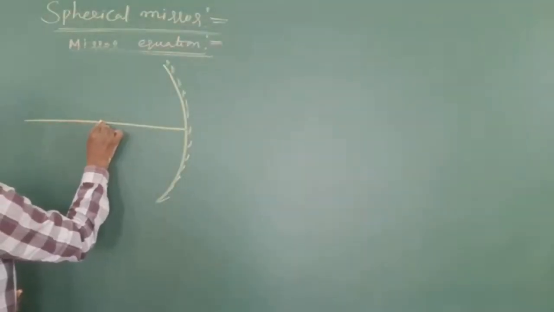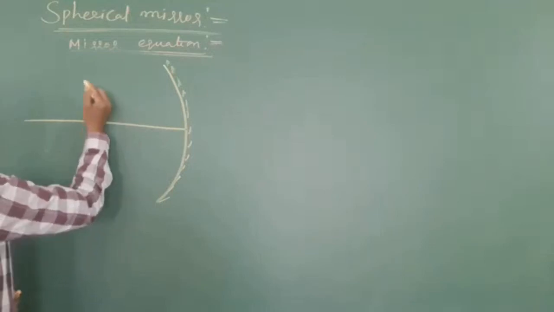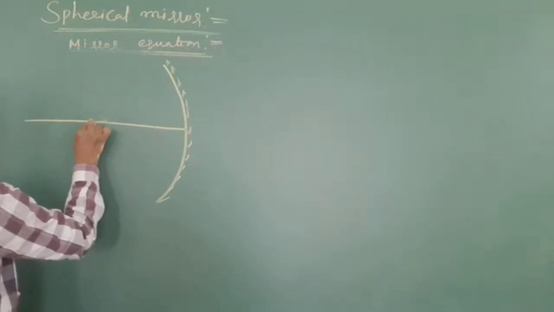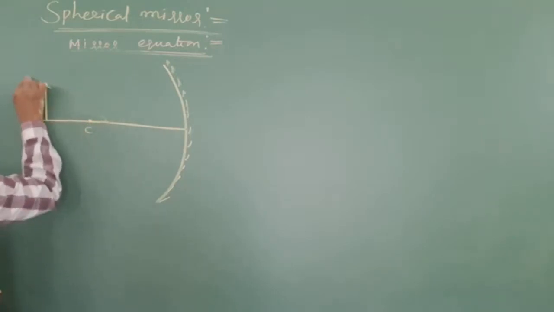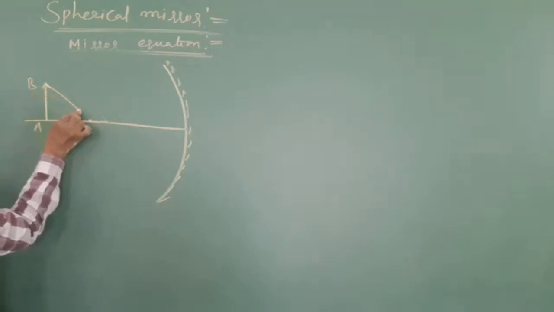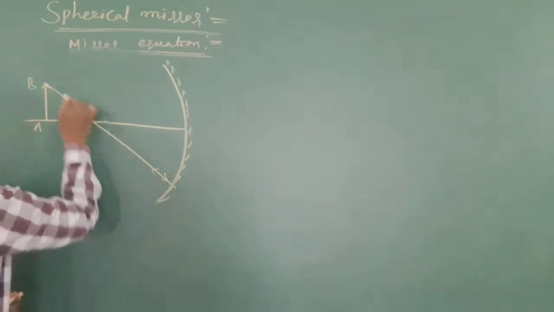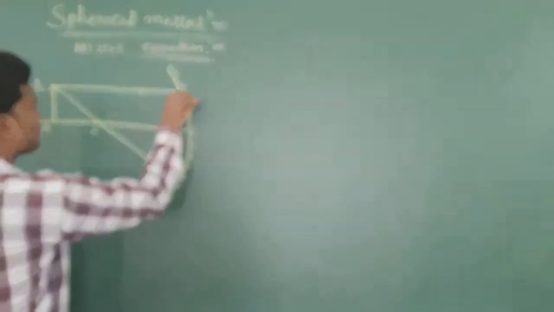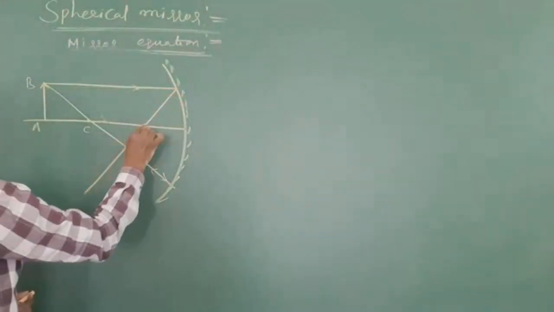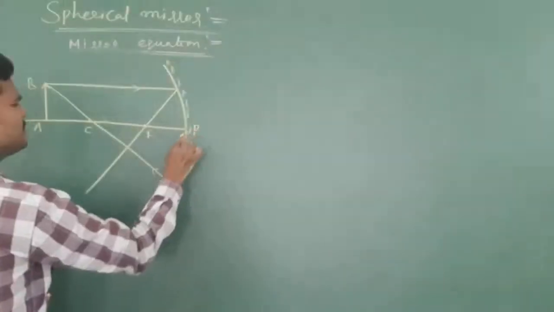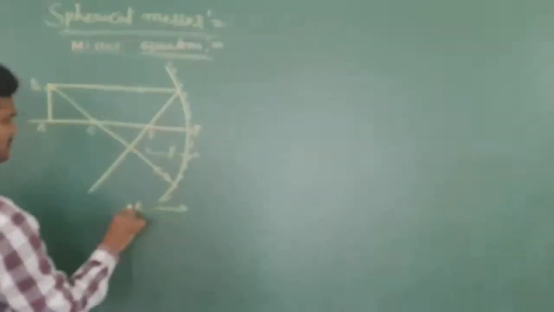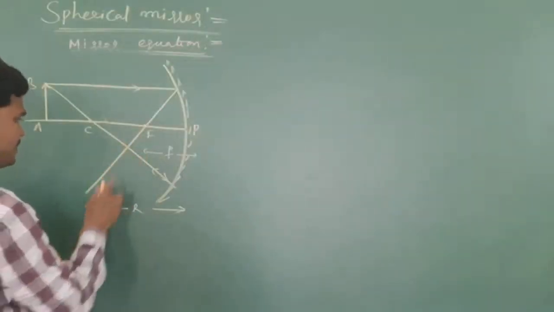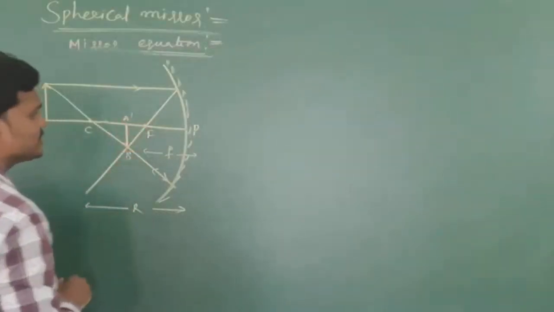Let me take the center here, and here I am placing an object A, B. This is P, this is F, R, and here the image is inverted and very small. A dash, B dash.